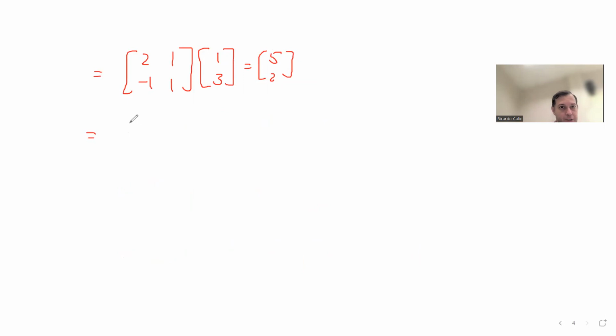So this is going to be 2 times 1 plus 1 times 3. Do you see that? I take this one times this one, I multiply this times that, and then I add those results together.